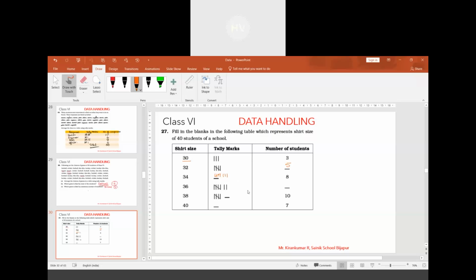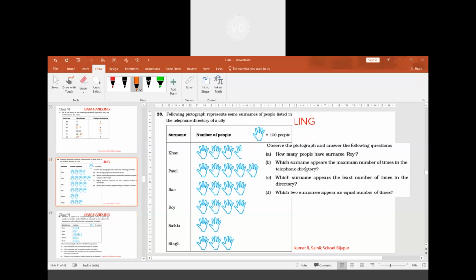This will be 5 plus 2, 7. Here it has to be a set of 5 lines followed by 2 more vertical lines. So that is also easy.